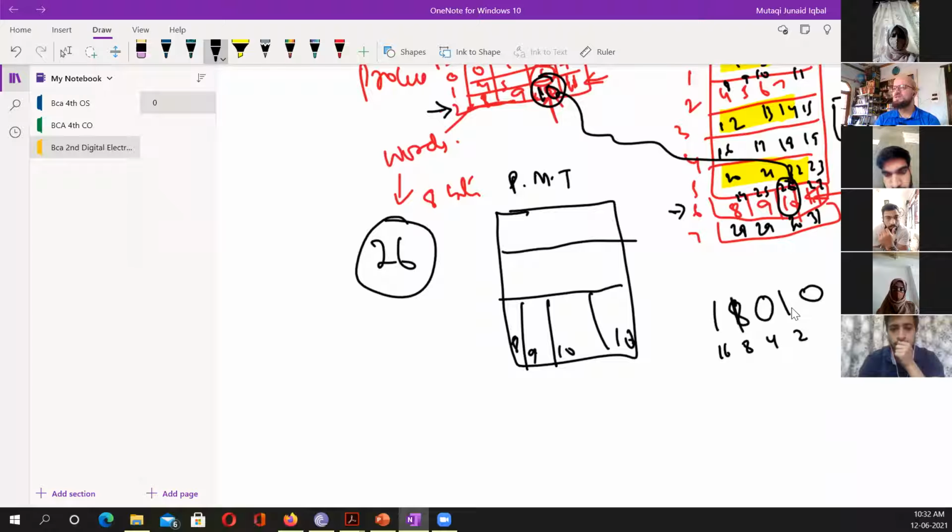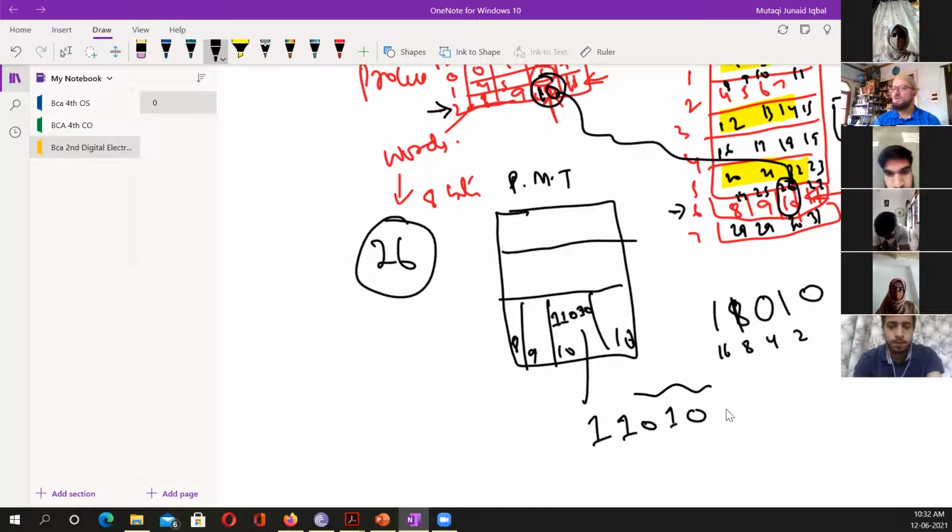Okay, so it is 11010. So I have to load here 11010, like this. Okay, so I'm having here 11010, but this should give me the information which frame and which offset.